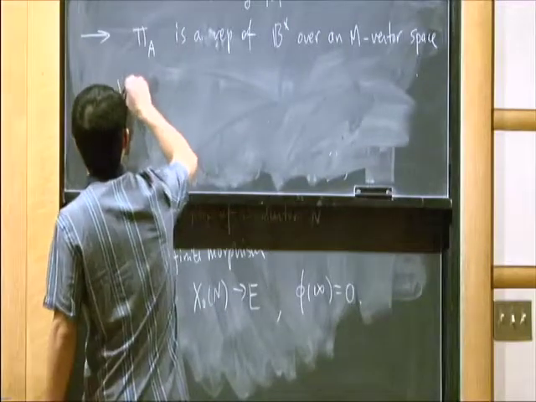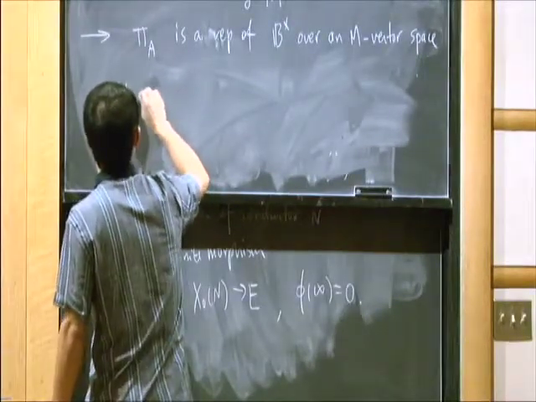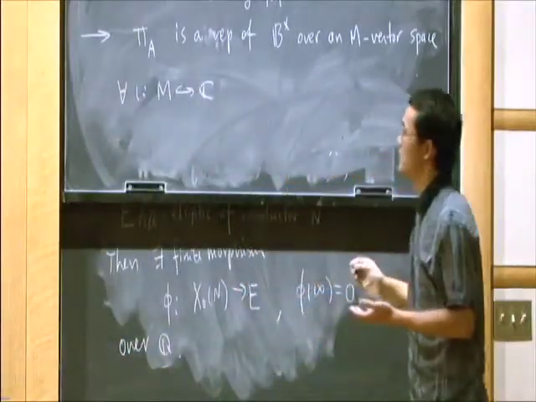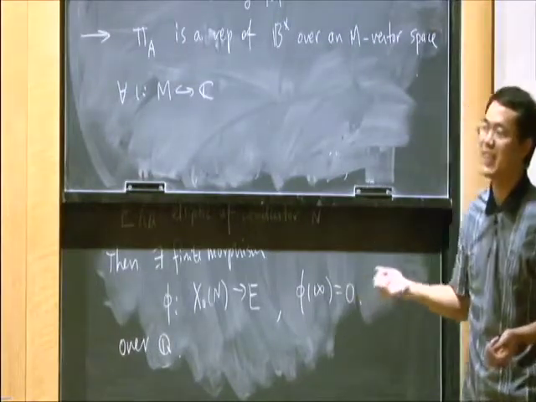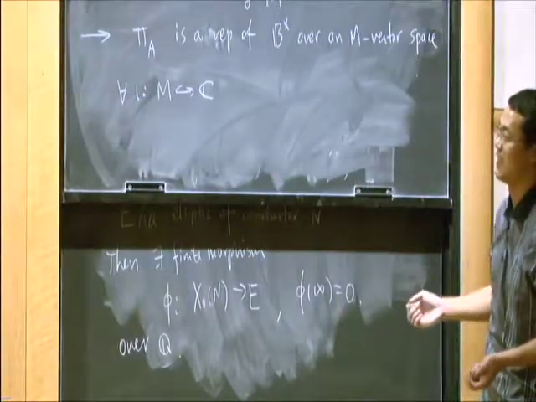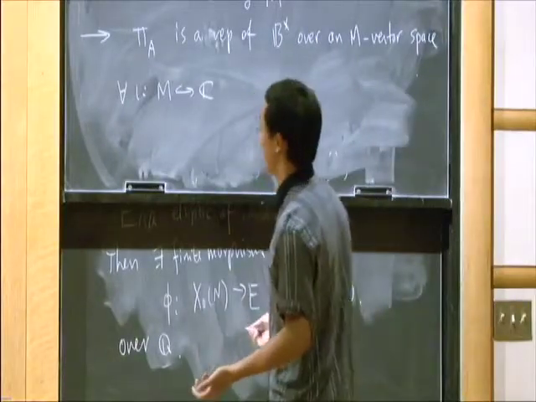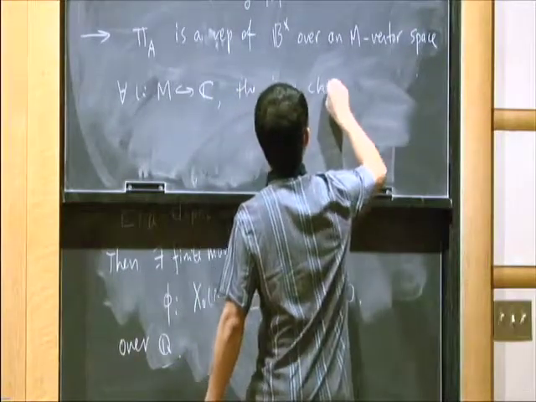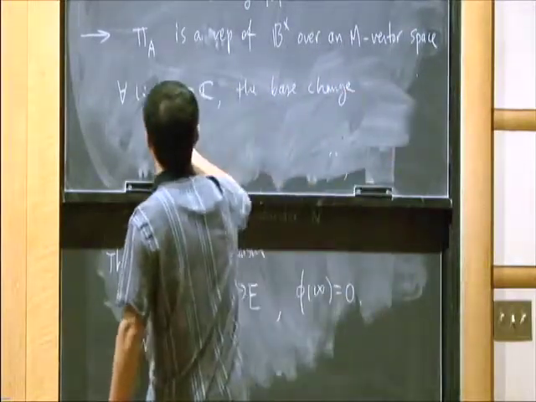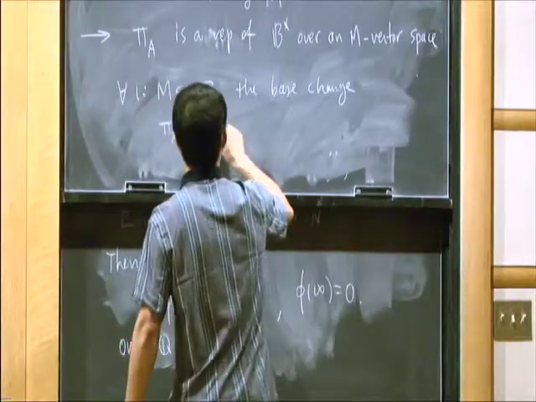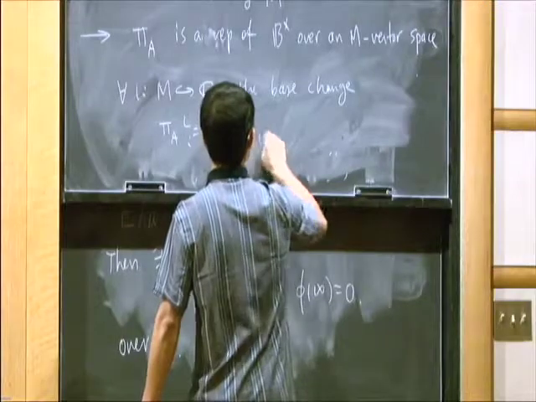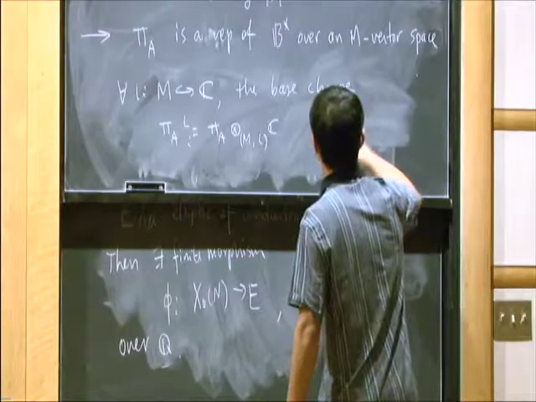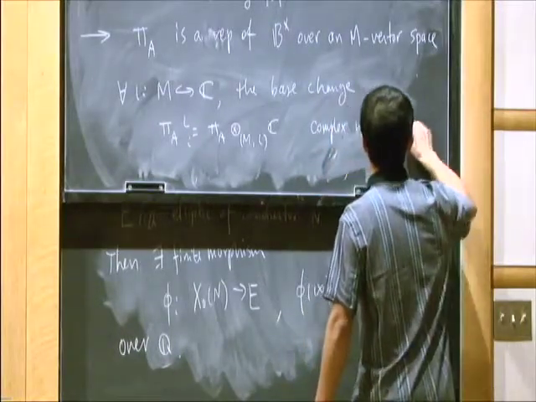So now for any embedding iota from M to C, we use this embedding, then we base change, we get a complex representation. Then that one is close to the automorphic representations we usually talk about. Pi A iota is a complex representation of B cross.